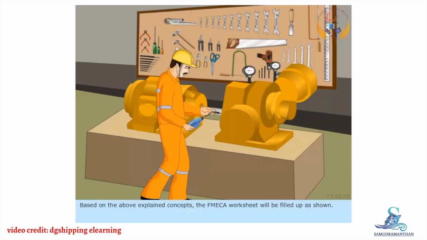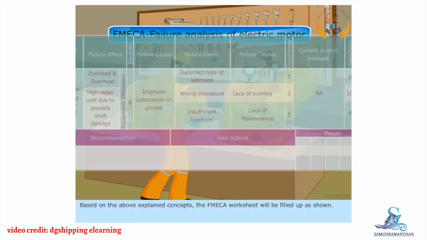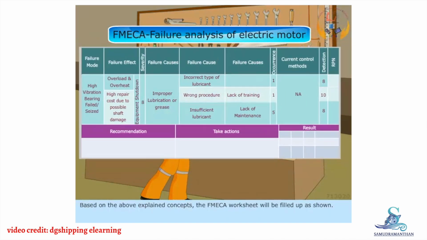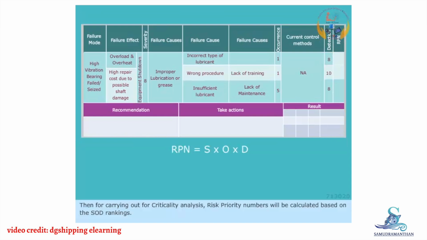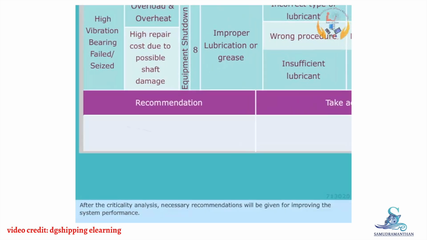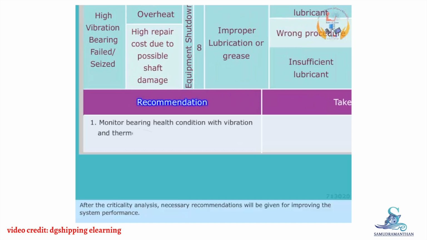Based on the above explained concepts, the FMECA worksheet will be filled up as shown. Then, for carrying out the criticality analysis, risk priority numbers will be calculated based on the SOD rankings. After the criticality analysis, necessary recommendations will be given for improving the system performance.